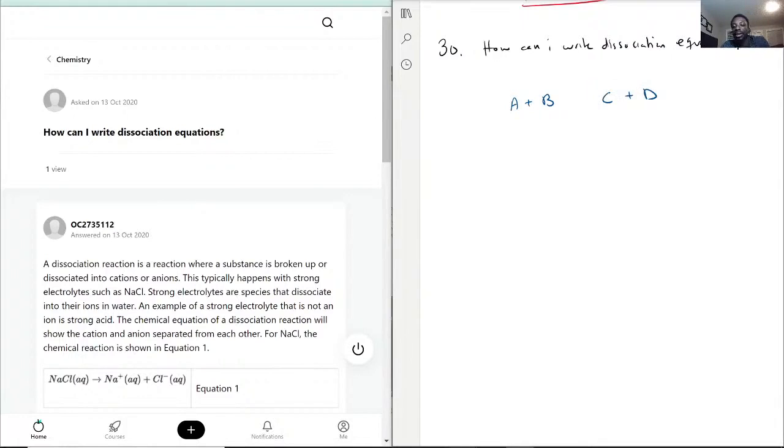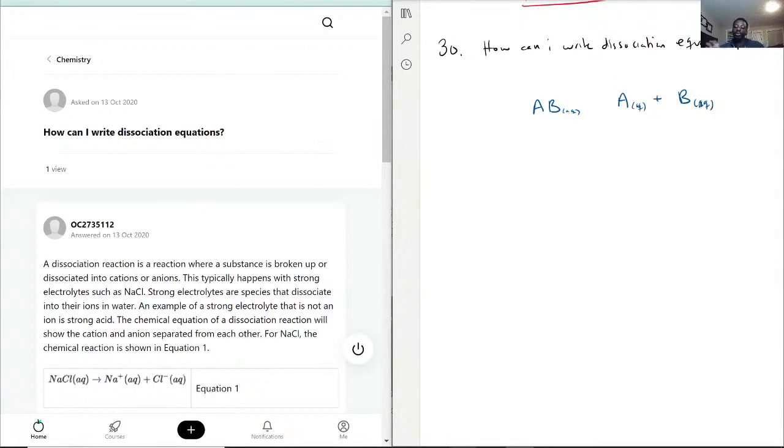That's not a good example. Let's say AB goes to A plus B. That's better, because you want one thing that dissociates into two.